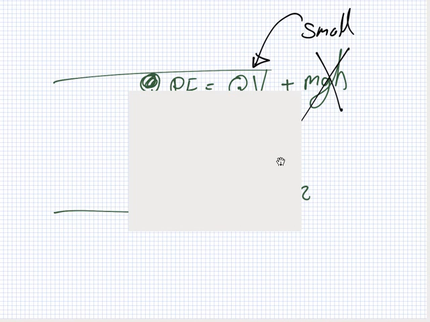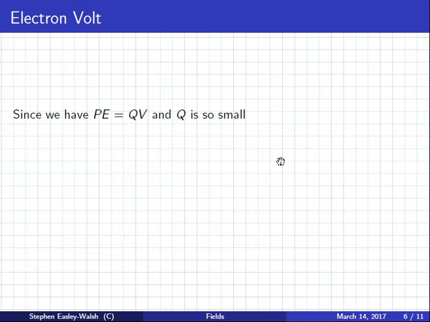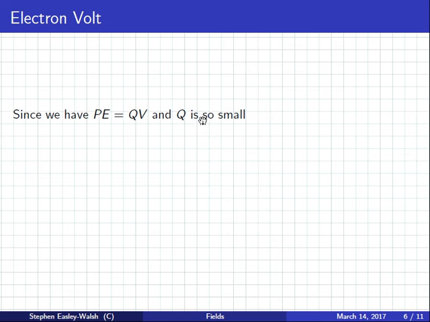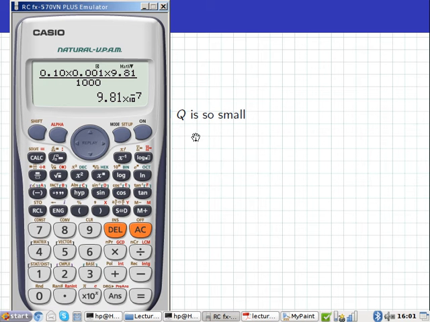Anyways, there is a small problem, literally. When you use this formula, Q will be quite small. For example, what's the charge of an electron on your calculator? It's a constant 23, isn't it? Yeah, constant 23. 10 to the minus 19.